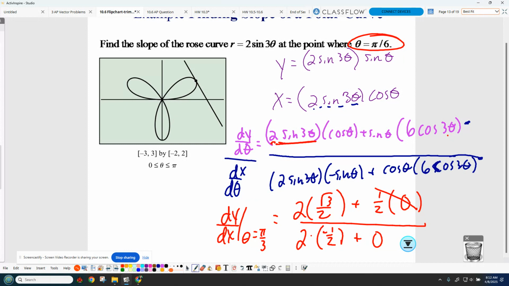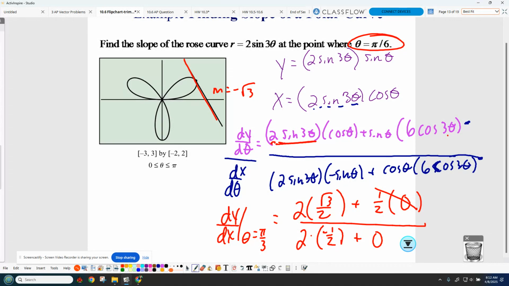Those convenient, nice zeros. And looking at this slope, it was negative, bigger than 1, not hugely bigger than 1.